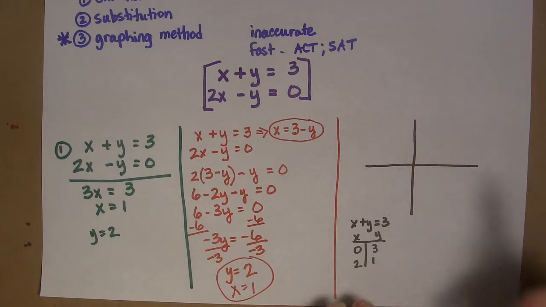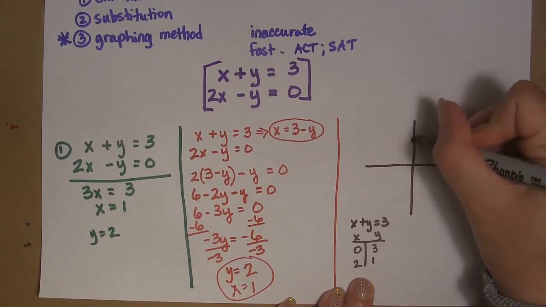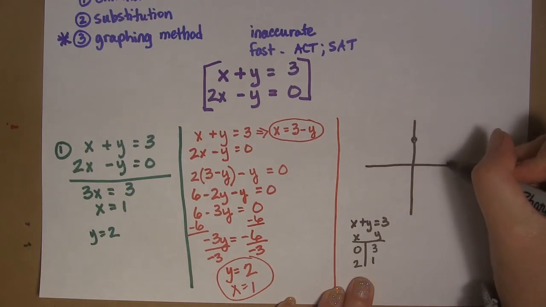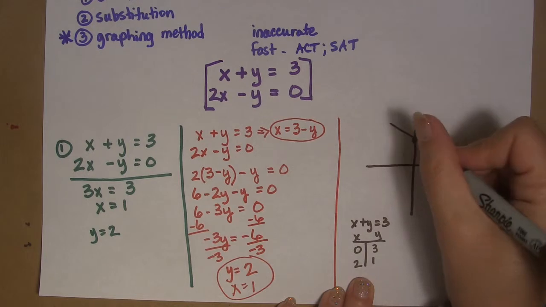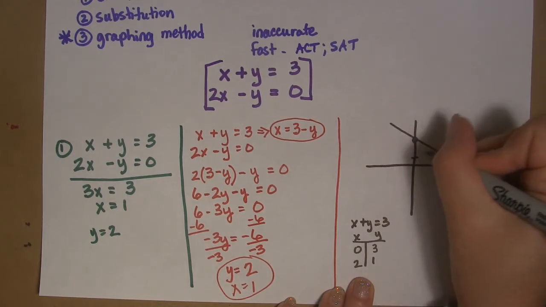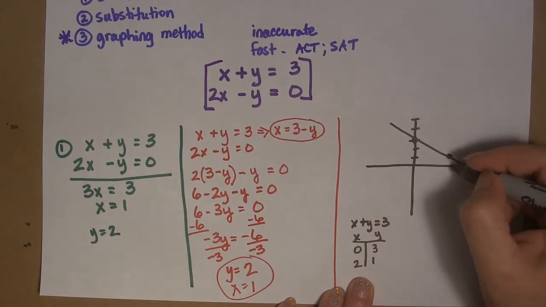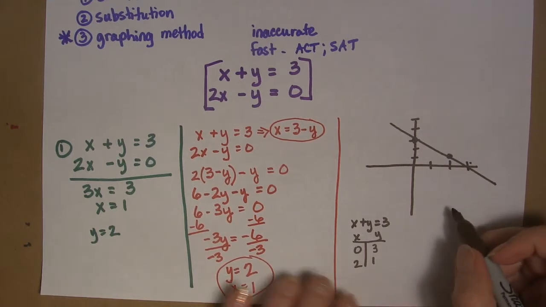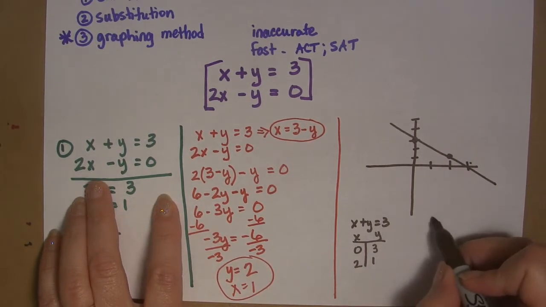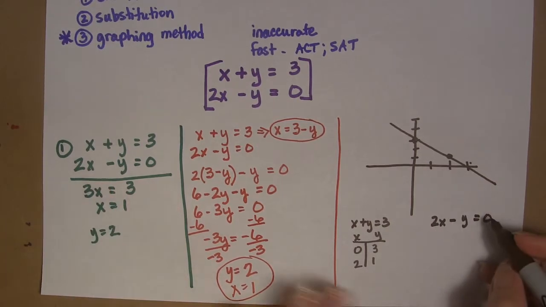So my first line is at 0, 3, and 2, 1. One, 2, 3, 4, 5, and this is 2, 1, 3.